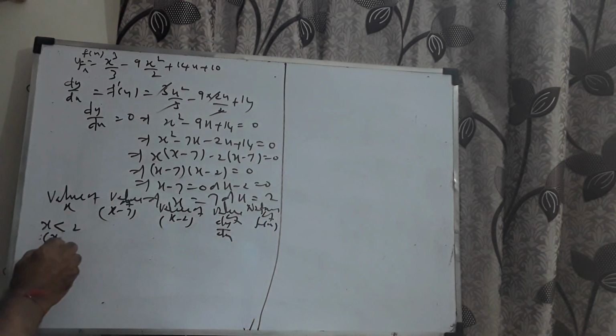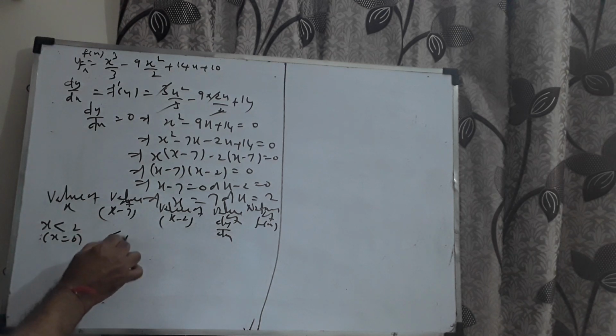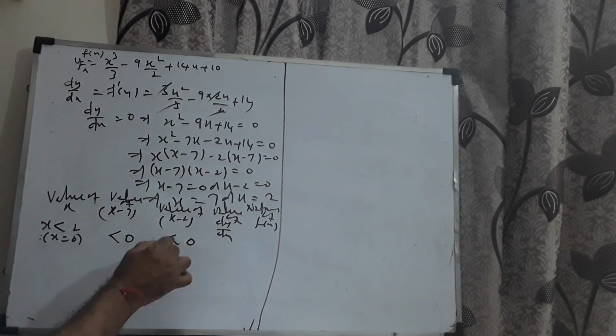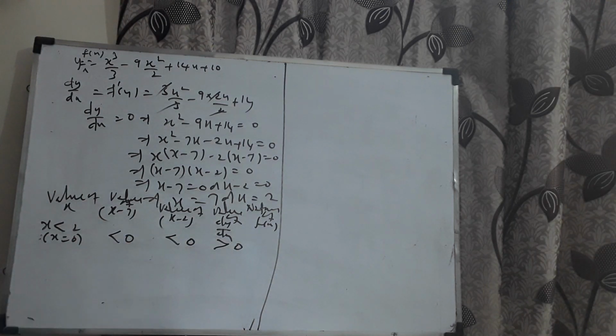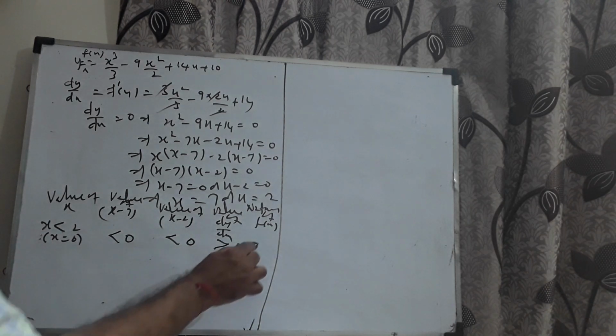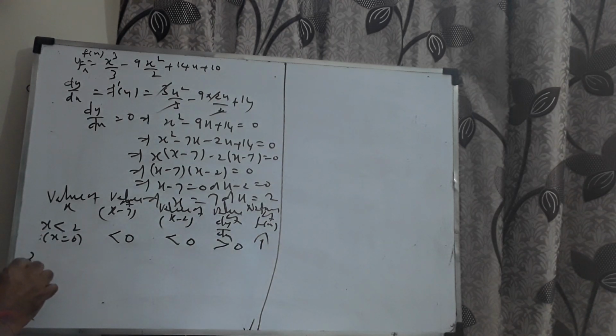Let me take x is equal to 0. It is better to write in brackets, which will be easier for the teacher to understand that you have understood. 0 minus 7 is negative, 0 minus 2 is negative. The product of two negative quantities makes dy by dx positive. Therefore the function is increasing. Then 2 less than x less than 7. Let me take x equal to 5, one of the values between 2 and 7.